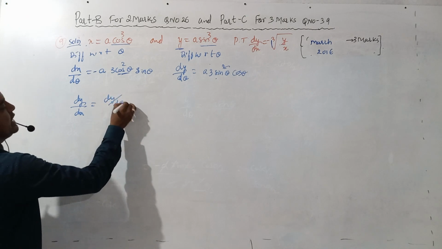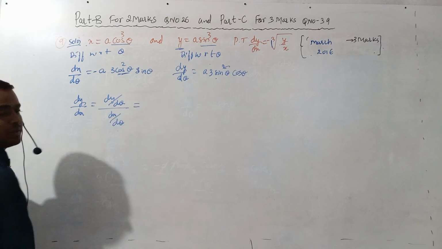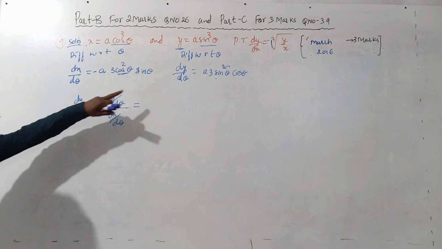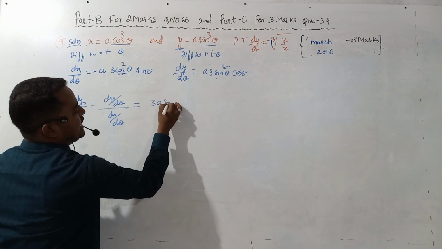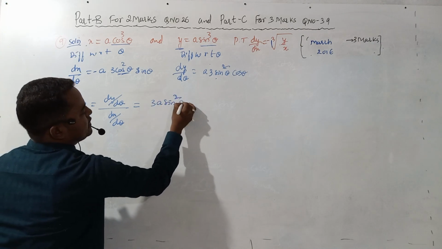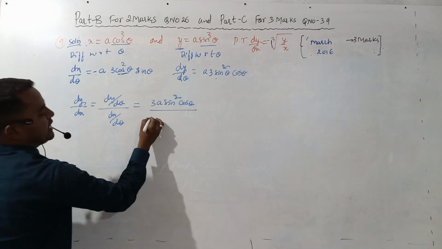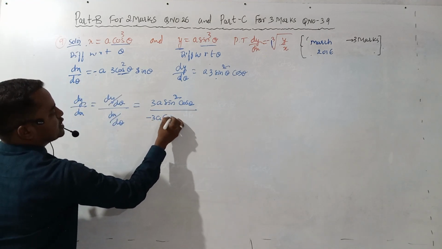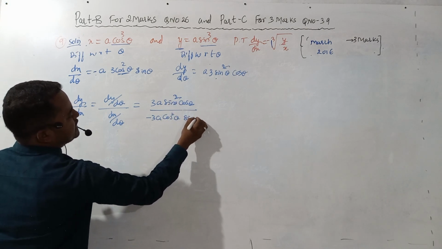dy by d theta divided by dx by d theta, which is 3a sin square theta cos theta divided by minus 3a cos square theta into sin theta.